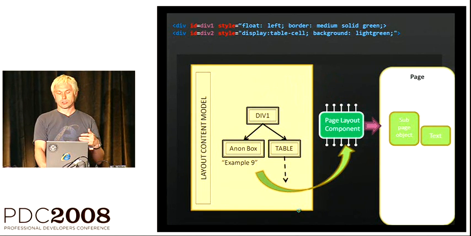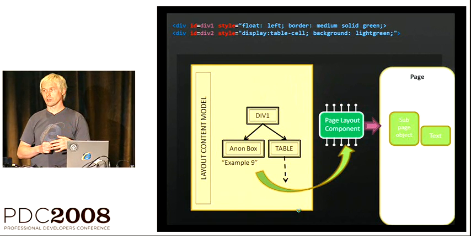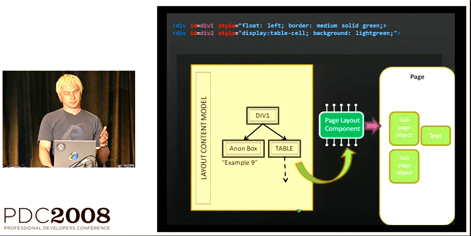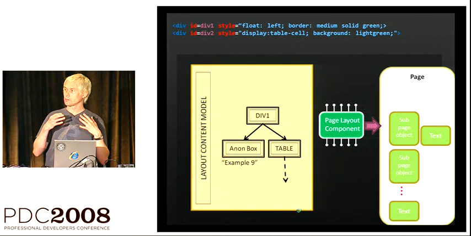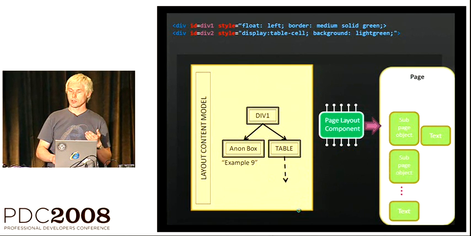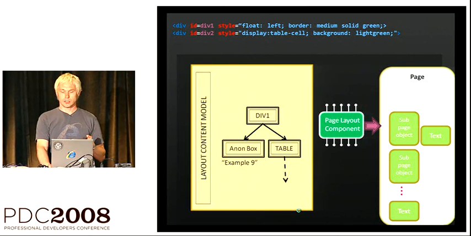It comes back to ask more questions about it. It fetches its content. It creates page elements, and eventually we will have built a page that we can now process and render on screen.